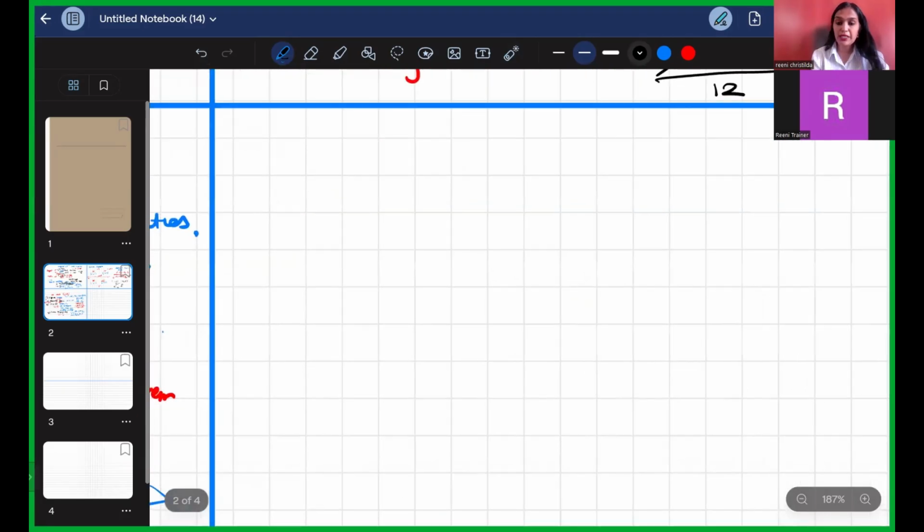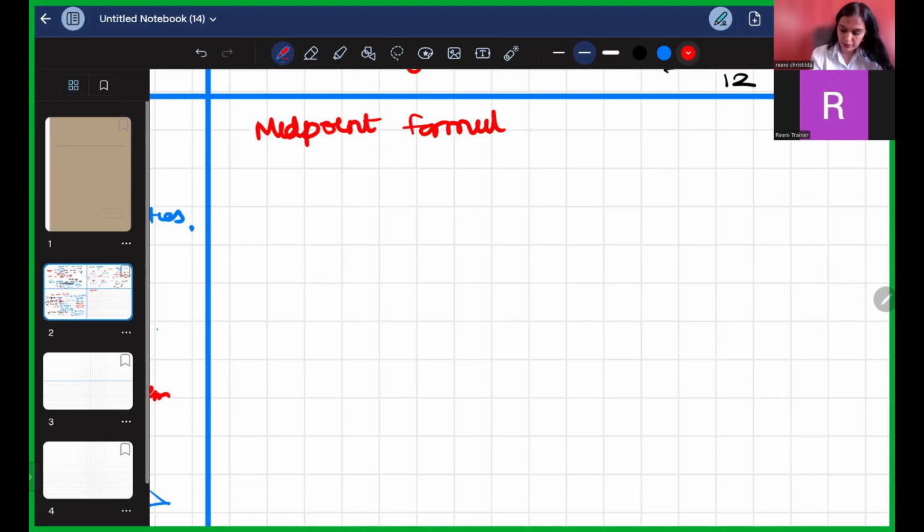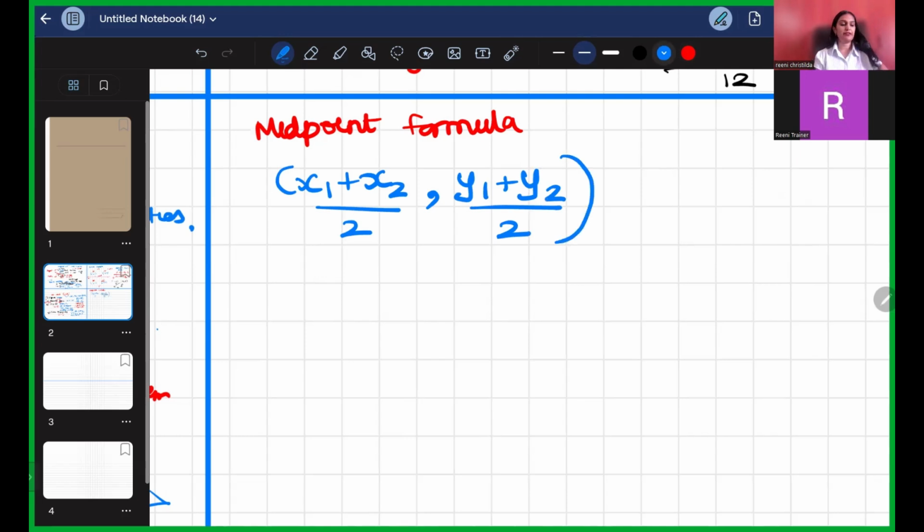Now we have the midpoint formula. So what is the midpoint formula? x1 plus x2 by 2 and y1 plus y2 by 2. This is the midpoint formula.